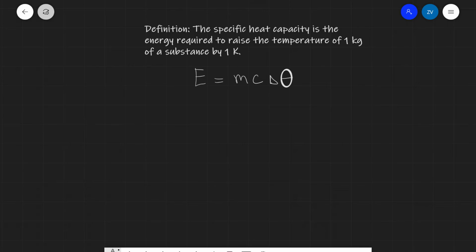So we can see over here that C is equal to energy, or the energy required in our definition, divided by the mass and the change in temperature. So the energy required to raise the temperature of 1 kilogram of a substance by 1 degree Kelvin.